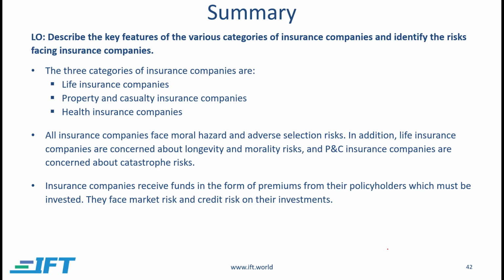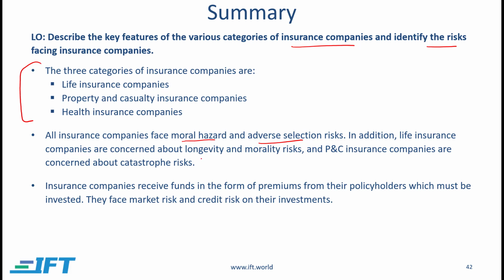Now let's go through the summary for this entire chapter. Number one, what are the different categories of insurance companies and what are the risks that are facing them? So we talked about three categories: life insurance, property and casualty, and health insurance. And of course, moral hazard is something we talked about, that people start slacking when they have that risk coverage, and insurance companies might not be able to differentiate between good risk and bad risk, and that's why they face adverse selection issues.